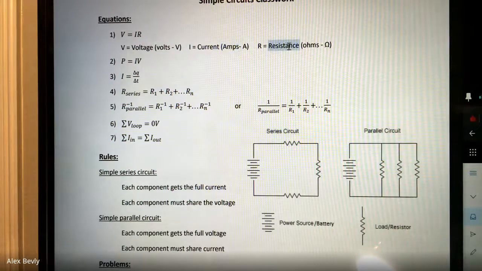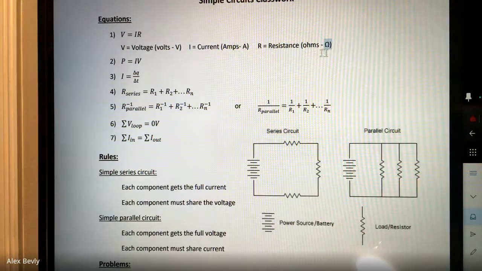And then lastly, we have resistance. Resistance tries to slow down that current through the wire. And resistors are going to be the useful objects in a circuit. A lot of times it could be something like a light bulb, or if you plug in your phone to charge it, your phone is a resistor. But resistors are useful devices, the things that are actually getting used. Units are ohms, and this is the only weird one.